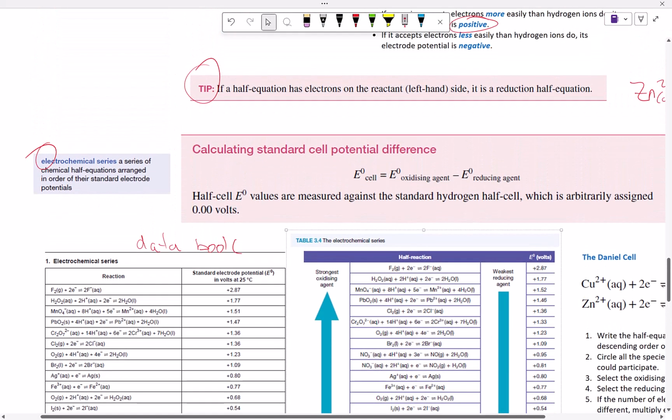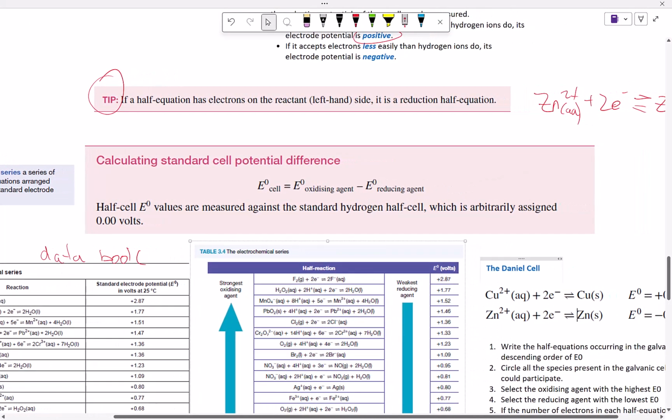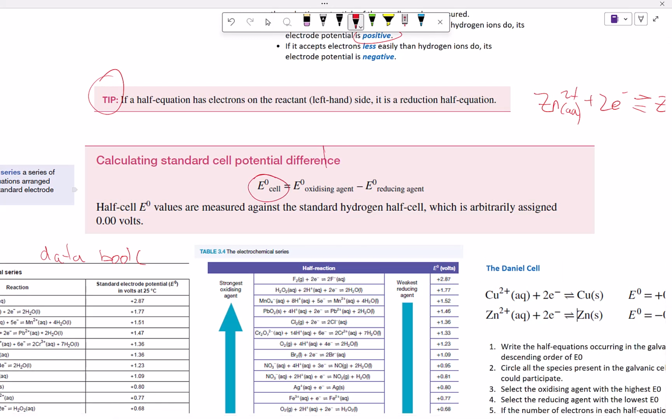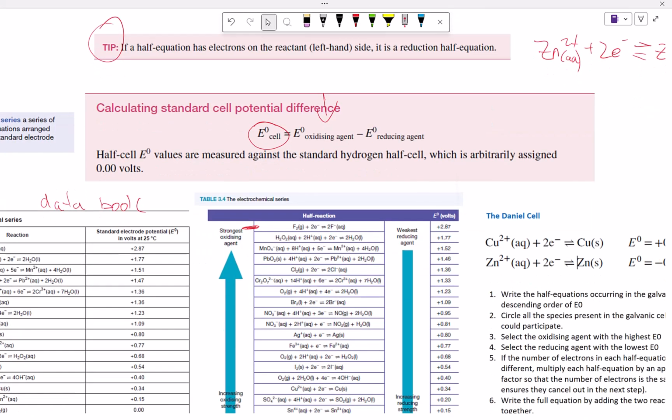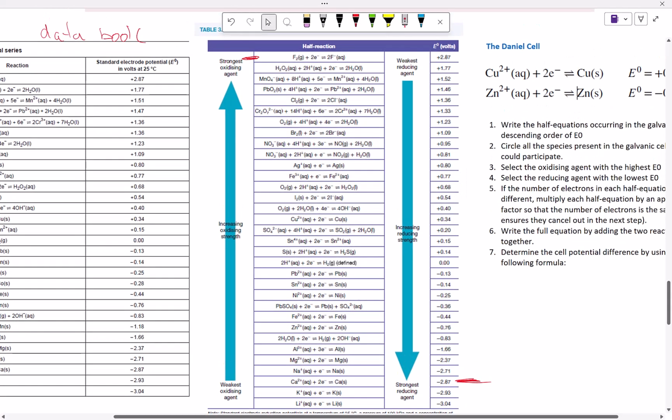If we want to work out what the potential difference is that we're going to generate under these conditions, we've got the E naught of the cell. That's what we want. We want to look at the oxidizing agent, whatever side we go from here, minus the reducing agent. So for example, if I just pick calcium and the fluoride, we would look at 2.87 minus, and it's a minus, in that calcium for example, it would be 2.87.